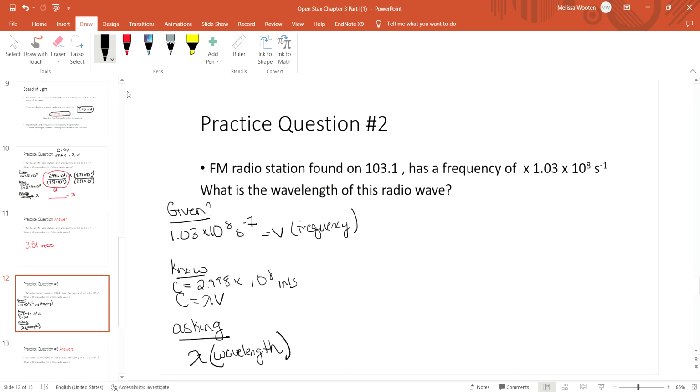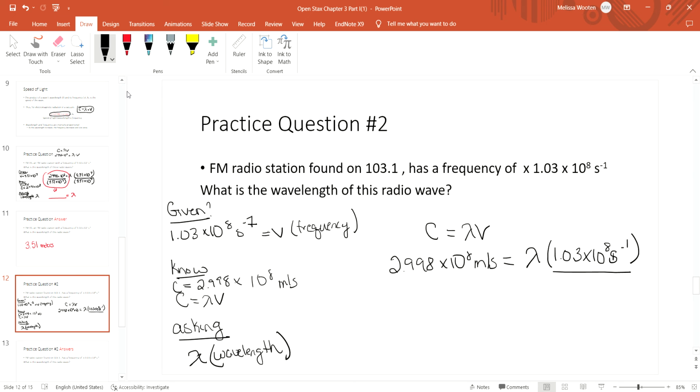And so I'm going to set up the formula like I did in the last problem. I know that this is my speed of light, and I'm looking for my wavelength, and my frequency is 1.03 times 10 to the 8th seconds to the -1. This is how you know that when you divide by this, it cancels out those seconds and leaves you with meters.